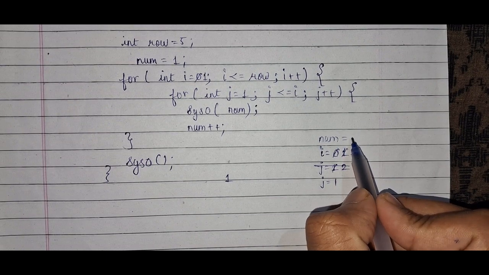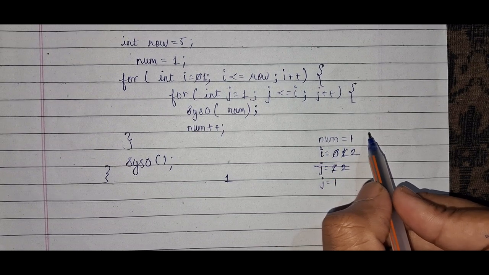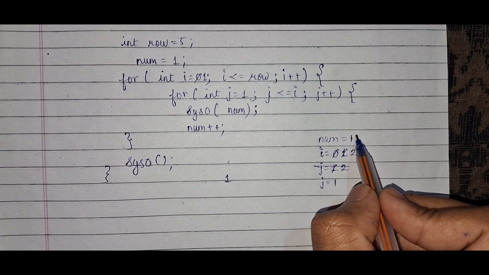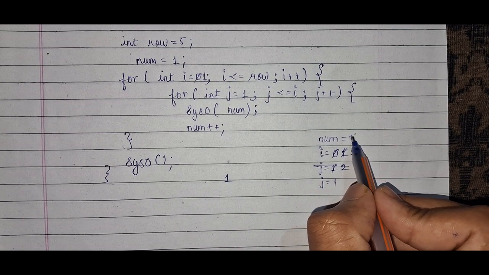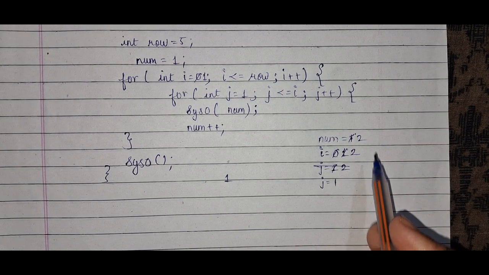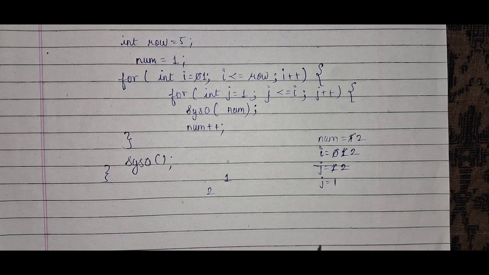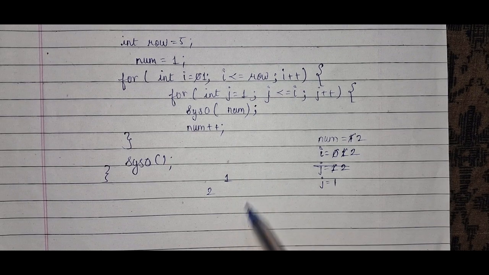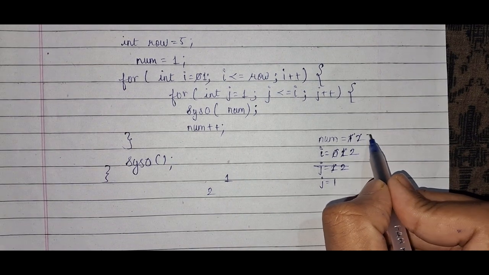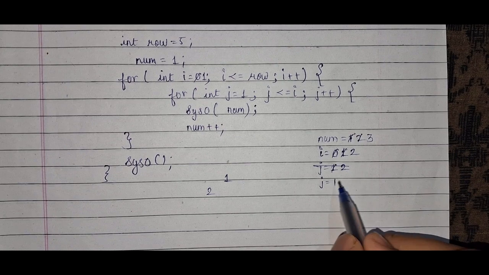Previously the num was 1 and we have printed the 1, and num is updated here to 2. Now the updated num will be printed here. Now again after printing the num we have updated the num by 1. Okay, now num's value will be 3. This gets updated. Now j's value has become 2.